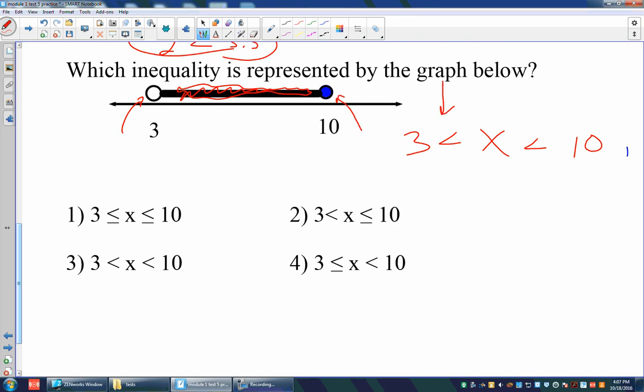This is filled in, so we have it equal to. Filled in means it's also equal to that. And there it is. It happens to be choice 2. Choice 2. Notice that that has the equal to, so that one is wrong. This one does not have the less than or equal to, so that one is wrong. This one has the less than or equal to in the wrong spot, so that one is wrong. If you have any questions, make sure you ask me in class.